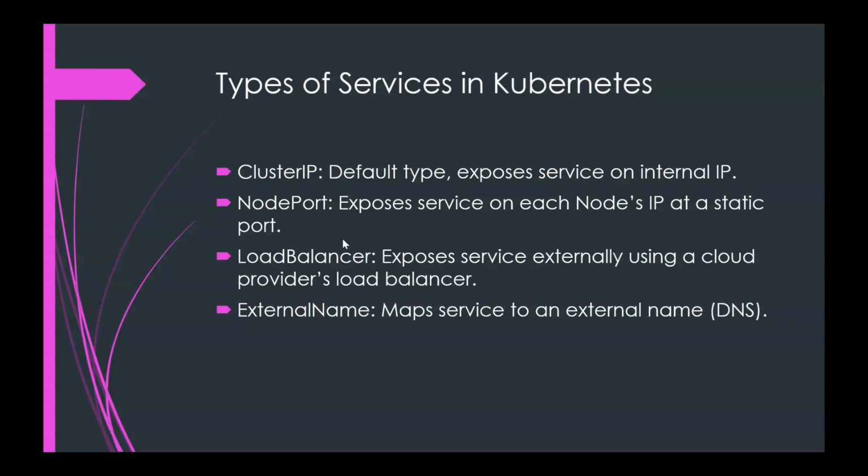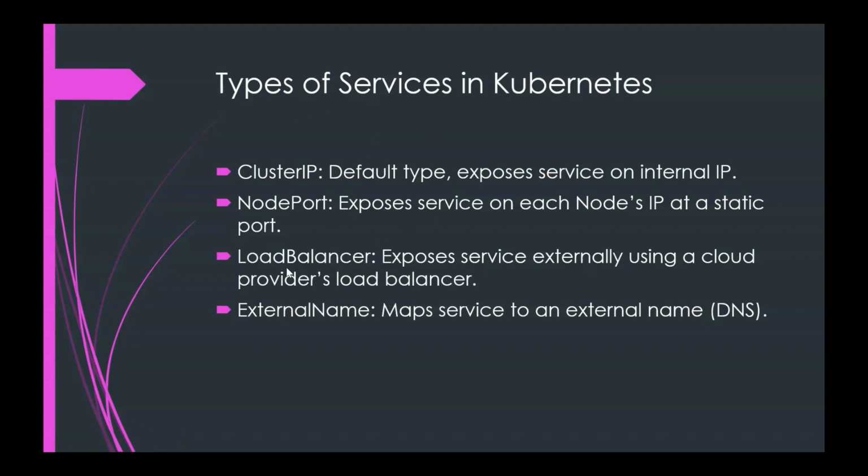If you are using Azure, this will use the Azure load balancer, and if you are using AWS, it will use the Elastic Load Balancer. Okay, and when you are creating the load balancer service, Kubernetes will create one load balancer in Azure by itself, and it will set up the backend, create the backend target, and all the things by itself.